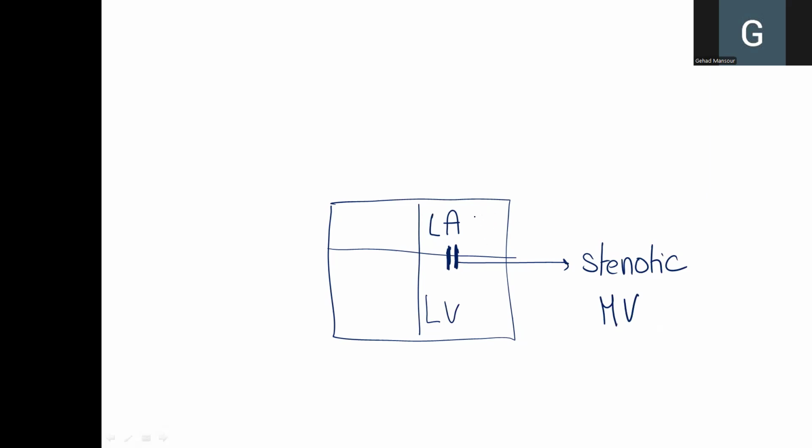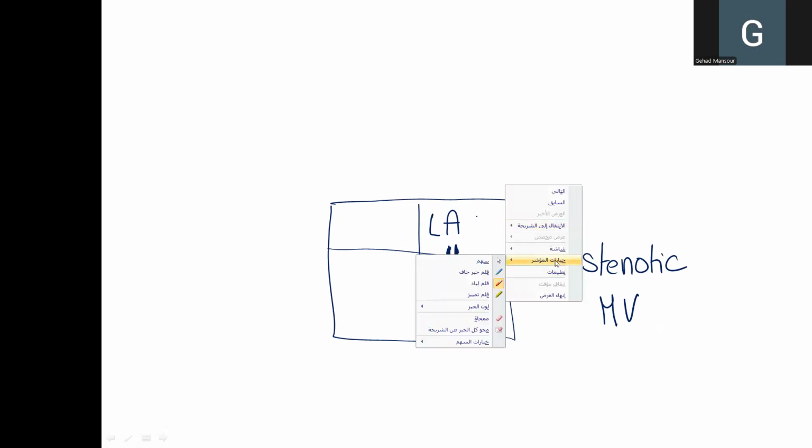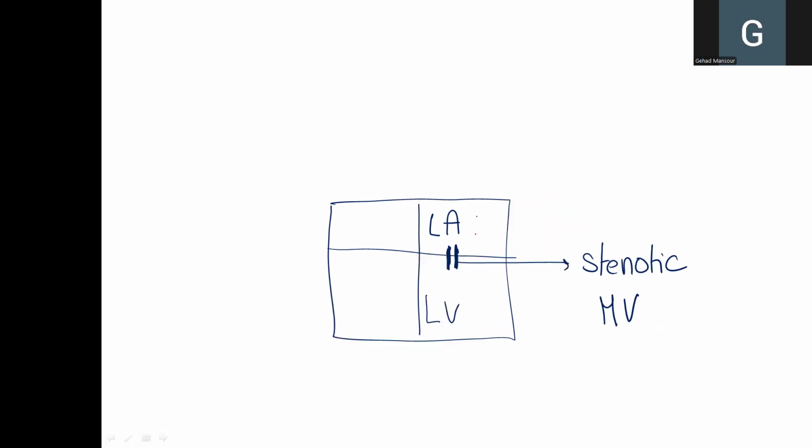This means that when the left atrium tries to pass the blood from its chamber to the left ventricle during diastole, the blood finds great resistance to pass. So a stenotic mitral valve means resistance to pass.